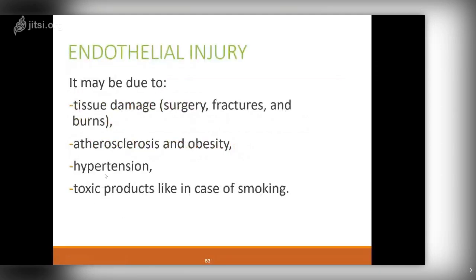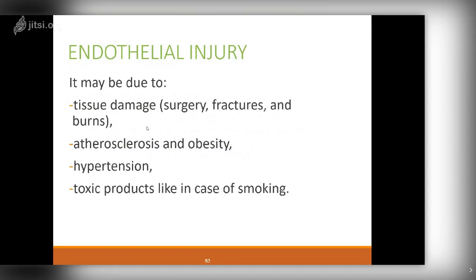What may provoke endothelial injury, and that's why what may be the risk factor for thrombosis. Of course, it is tissue damage, as normally where we can see formation of thrombi.